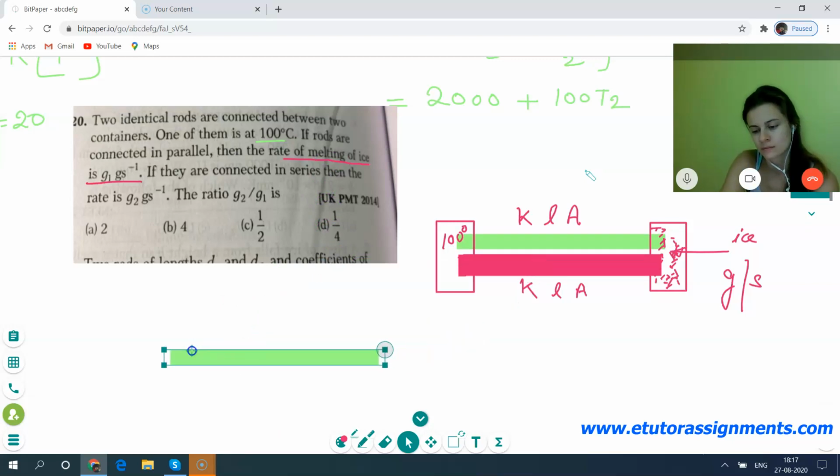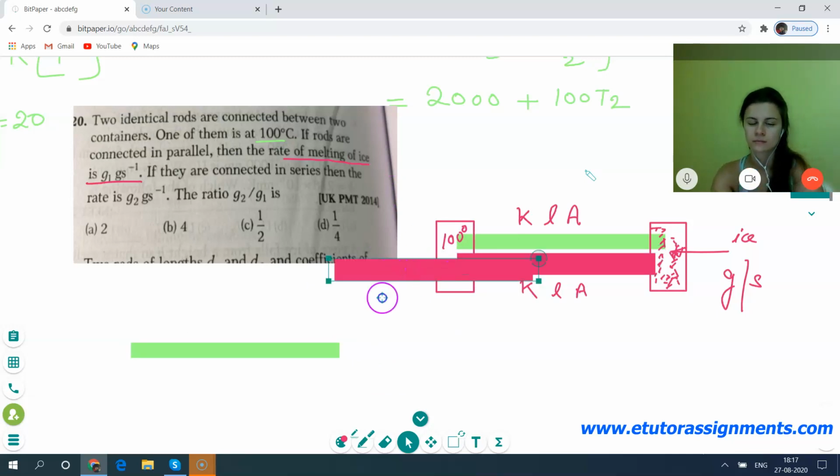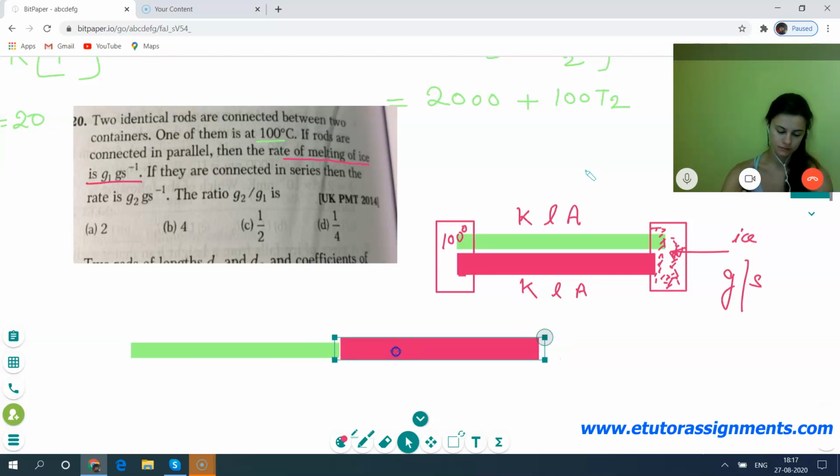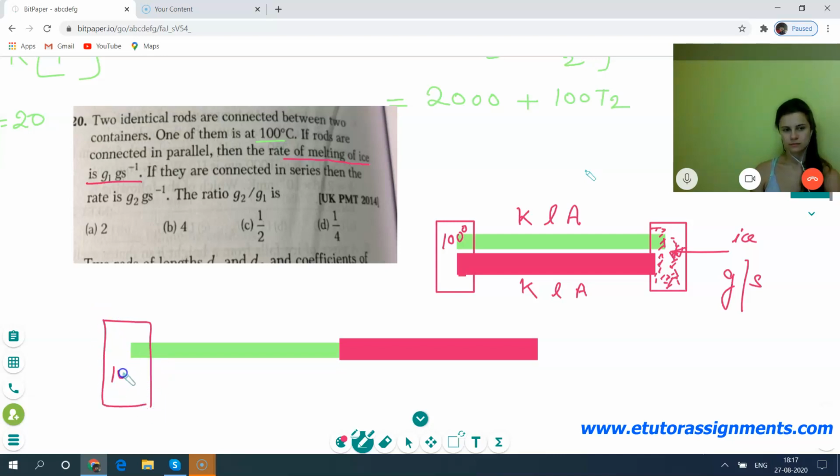If the rods are connected in series, the same things will happen here also. This is 100 degrees Celsius, and this is the melting ice. G2 gram per second, G2, right?